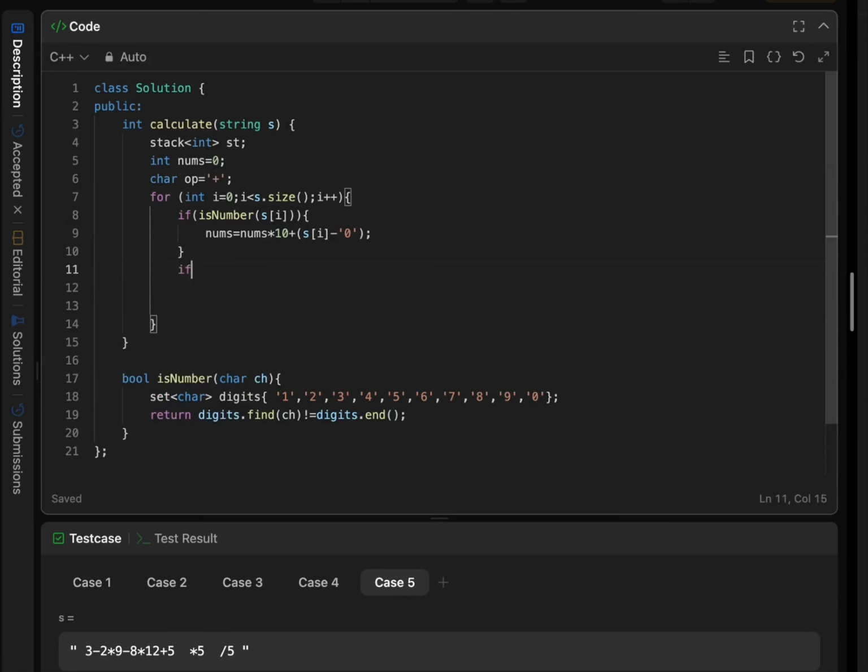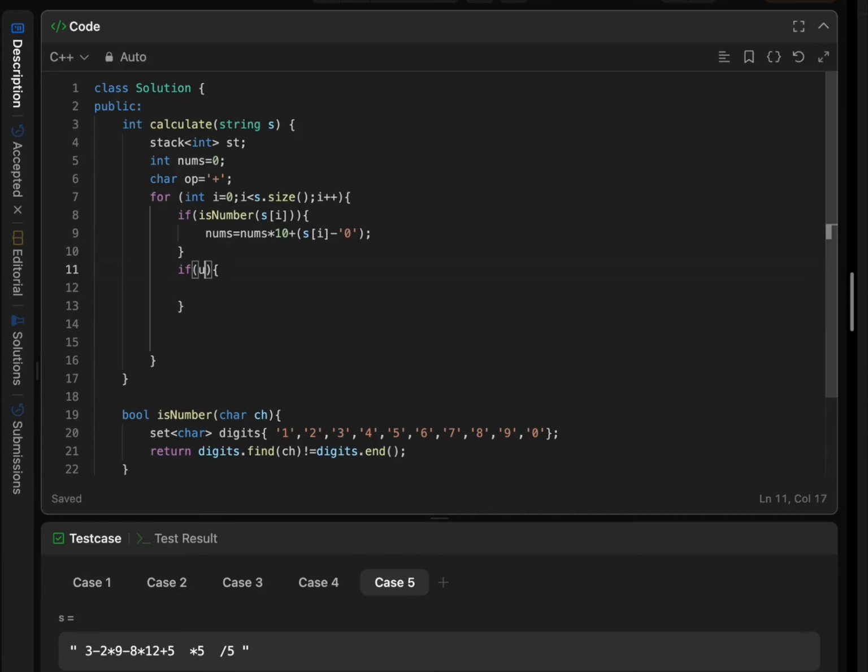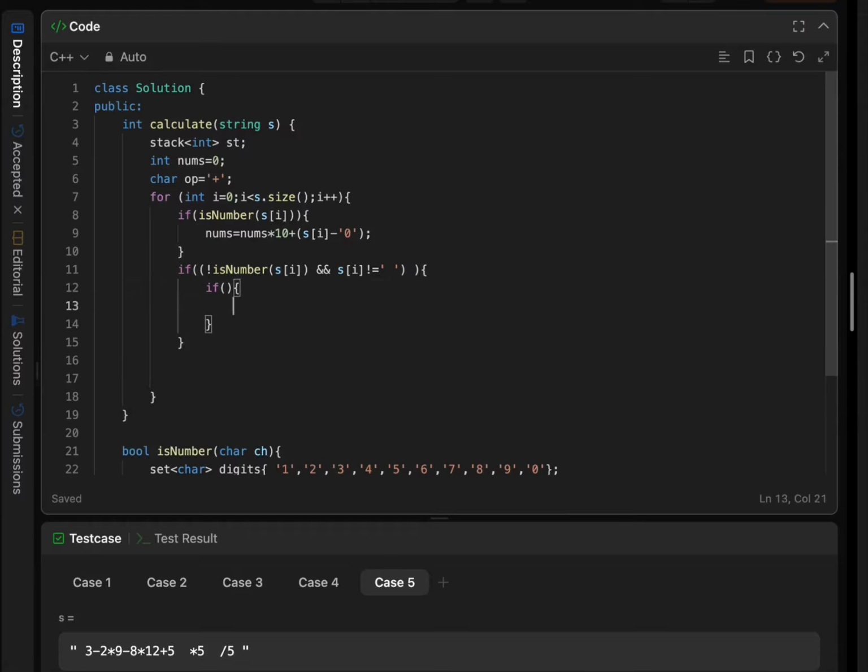Okay, so let's say if it is not a number, and is not a space as well, so we will have an operator only.